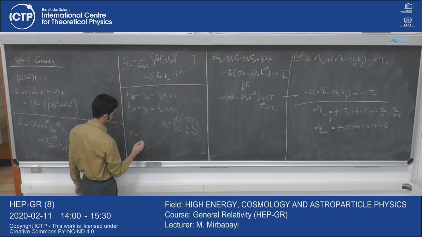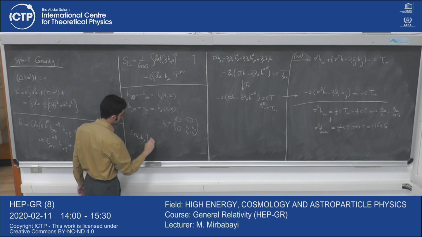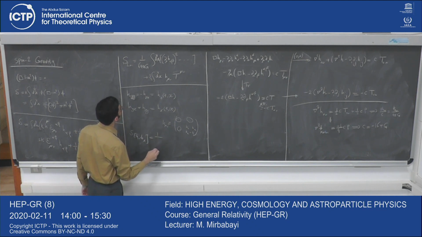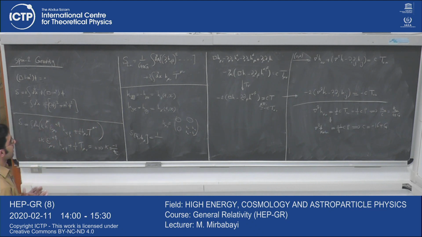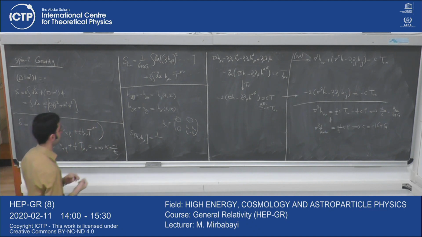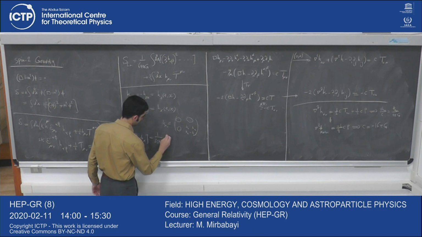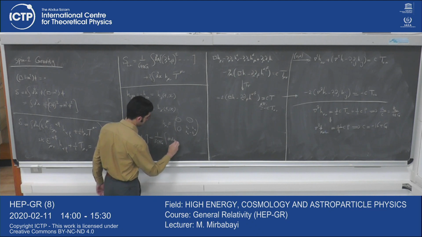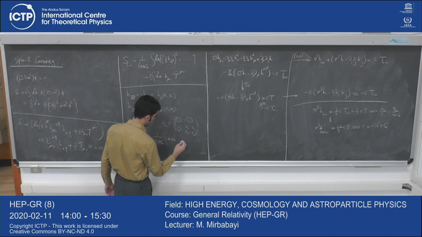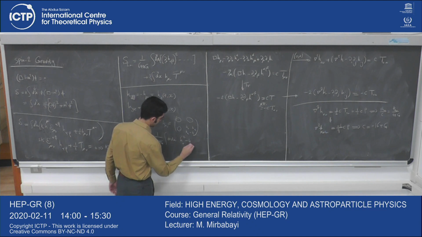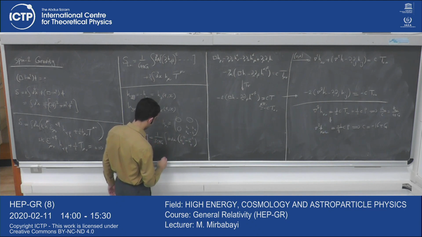I will get an action for this h plus and h cross, which is, so I get a factor of 2, 1 over 32 pi G times the two-dimensional integral dt dx, h plus dot squared minus h plus prime squared.